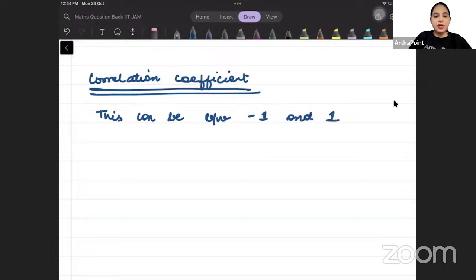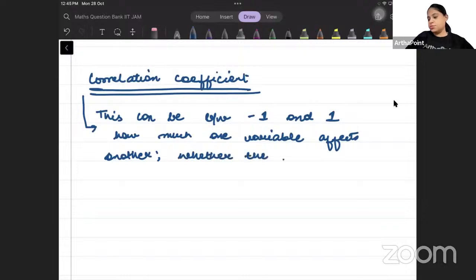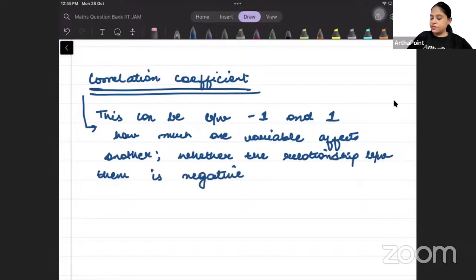And this is telling us how much one variable affects another, and also whether the relationship between them is negative or positive. It also tells whether the relationship is negative or positive.